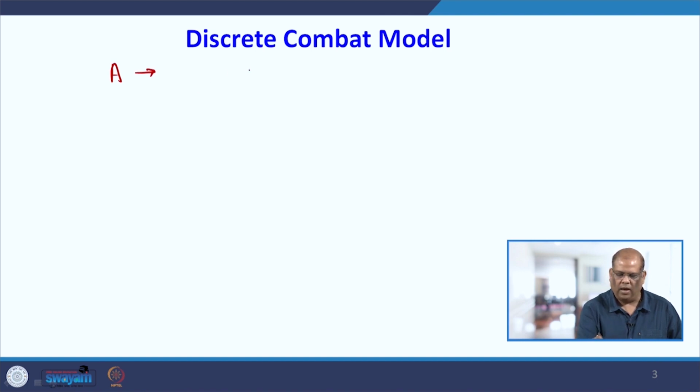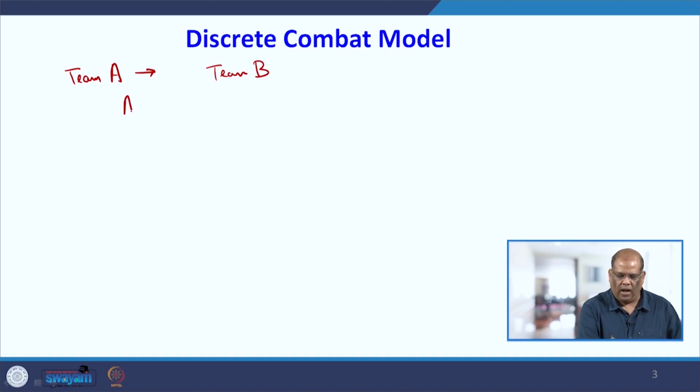In the discrete case, he has taken a team A and a team B. They are having combat among each other.